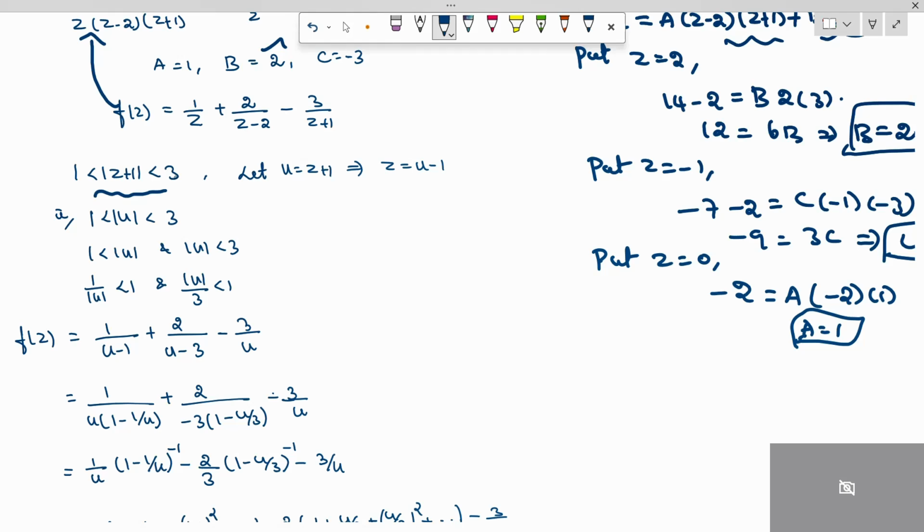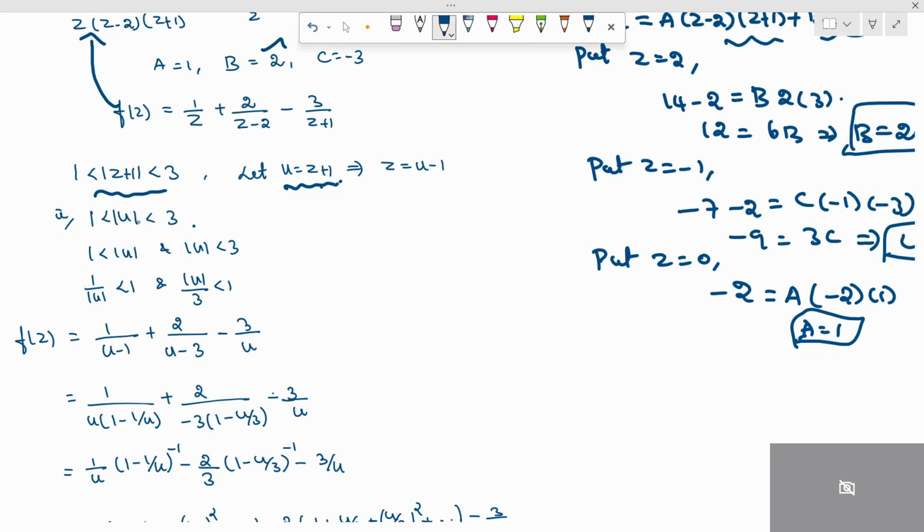For our convenience, let us take u is equal to z plus 1. Then we can rewrite the region as 1 less than mod u less than 3, because u is equal to z plus 1. For convenience only we are taking this form; anyway, the final answer we can give in terms of z only.